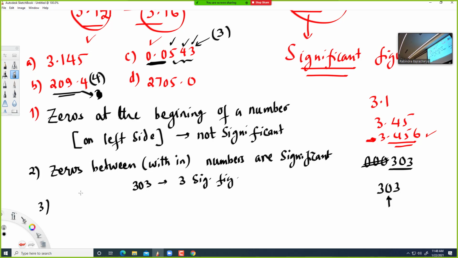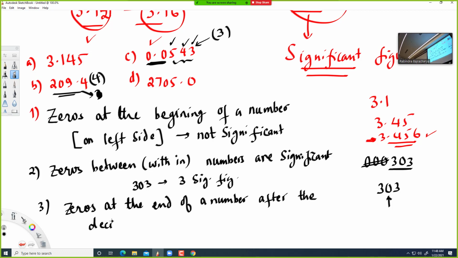The third one is zeros at the end of a number after the decimal point are significant.